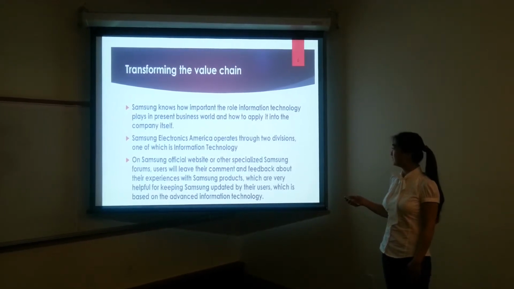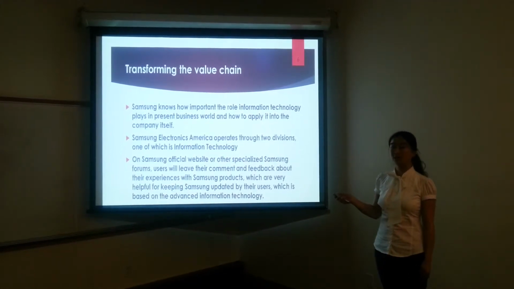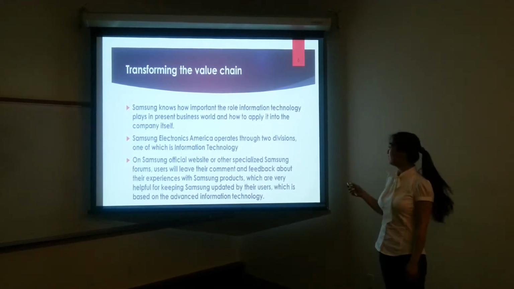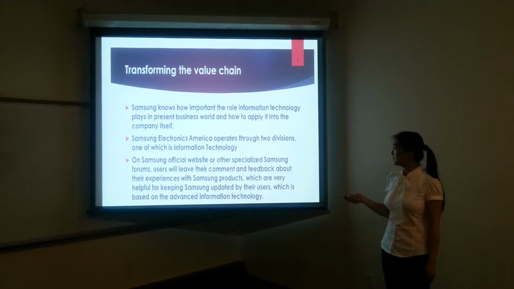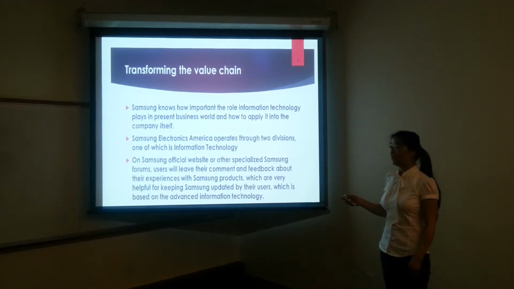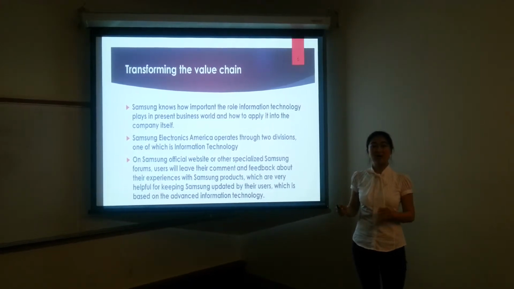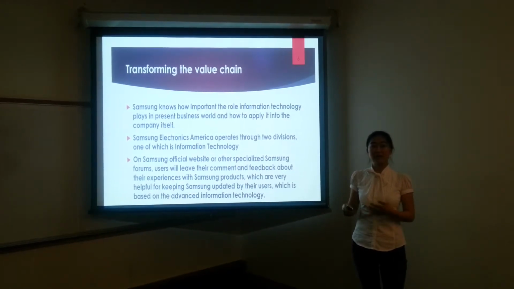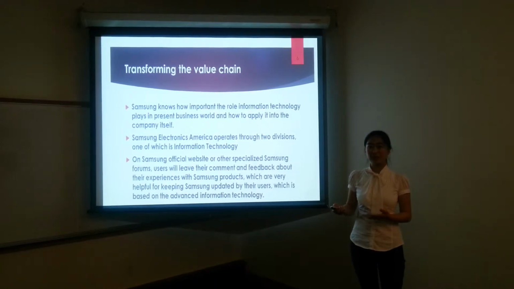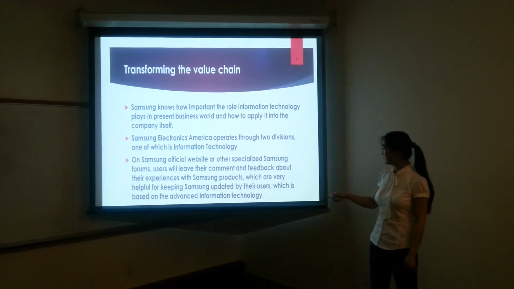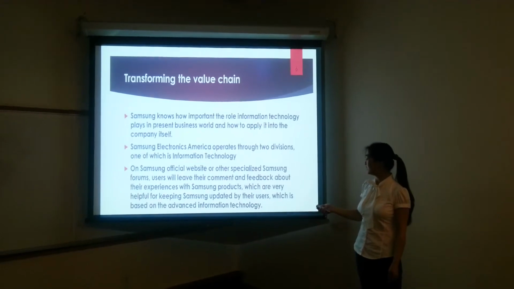So Samsung Electronics America operates through 2 divisions. One of them is focused on information technology. On Samsung's official website, users can give some feedback about Samsung's products. All this feedback will help Samsung update their products. So all this process is based on the advantage of information technology.